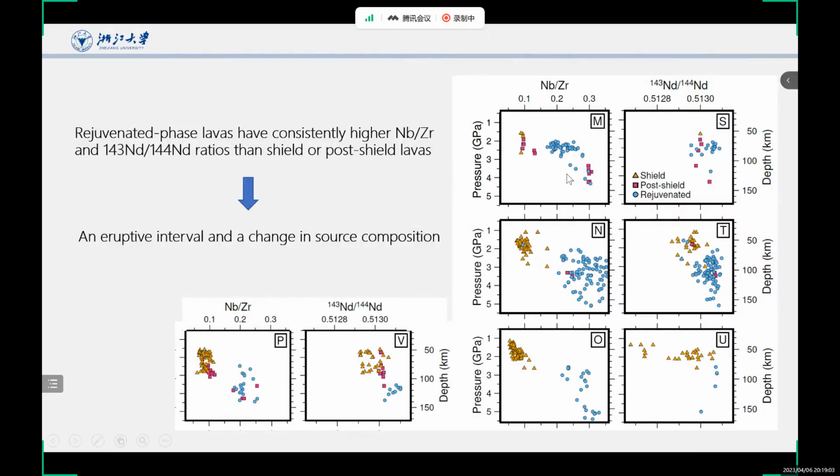You can see from this figure that the blue points, which represent the rejuvenated phase, have a higher Nb/Y ratio and also a higher Nd isotopic ratio, so they are an enriched phase. So they assume that the Hawaii volcano went through a change in the source composition, because they obviously come from a different geochemical source.